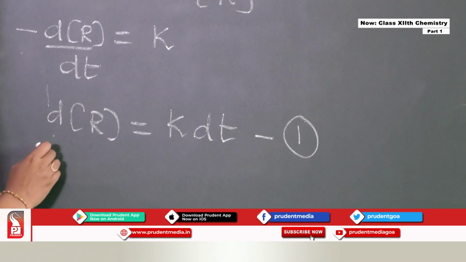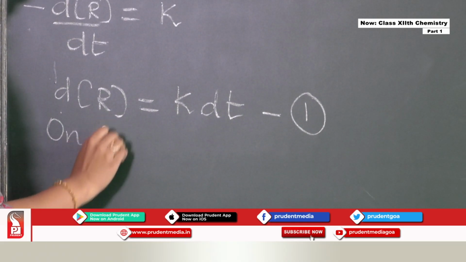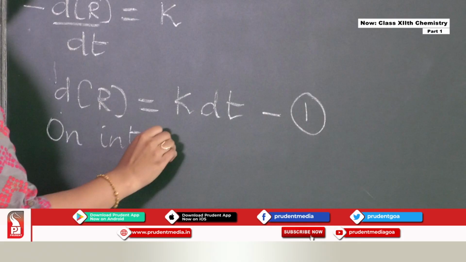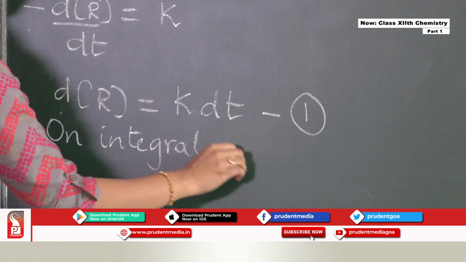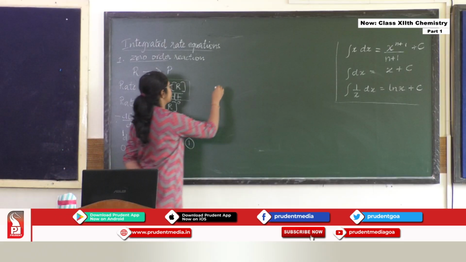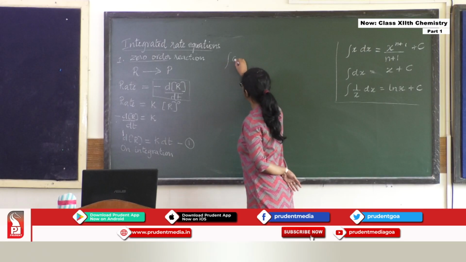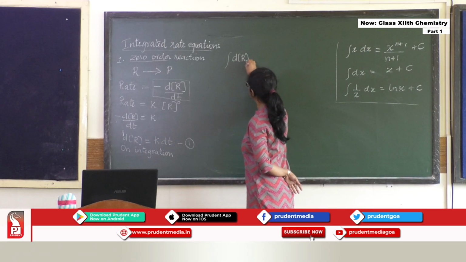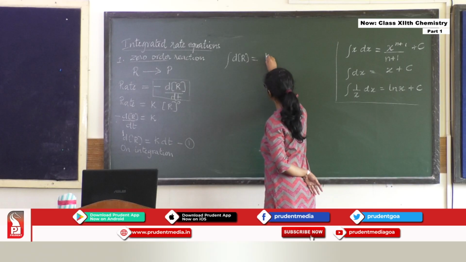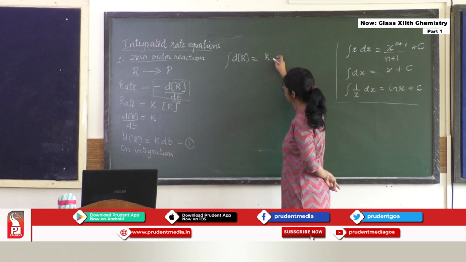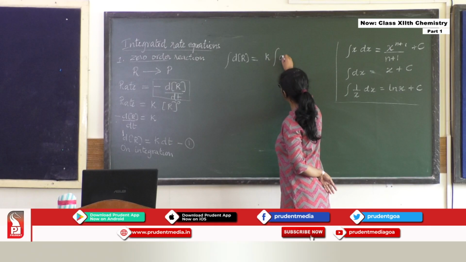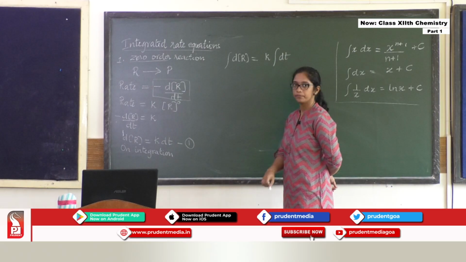So on integration, the integral of dR will be equal to minus k, which is a constant and so does not come under the sign of integration, times the integral of dt.